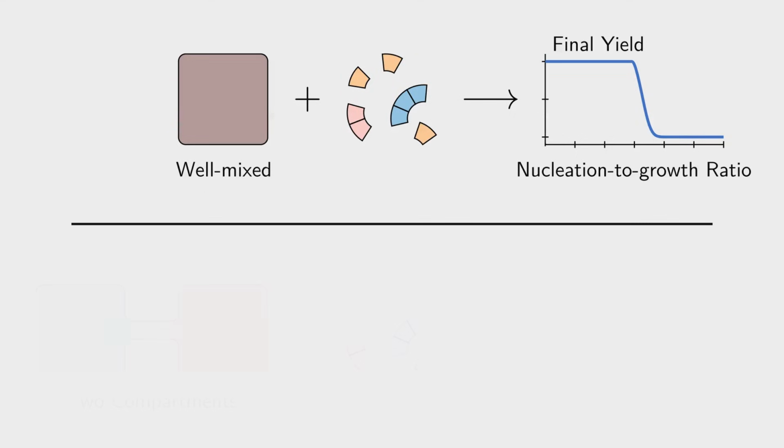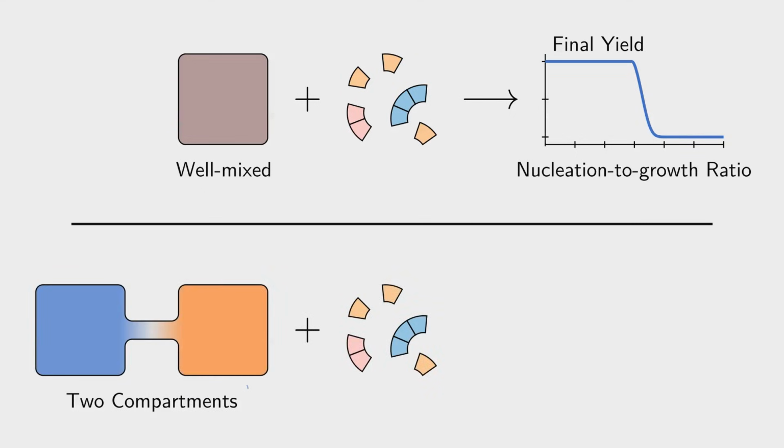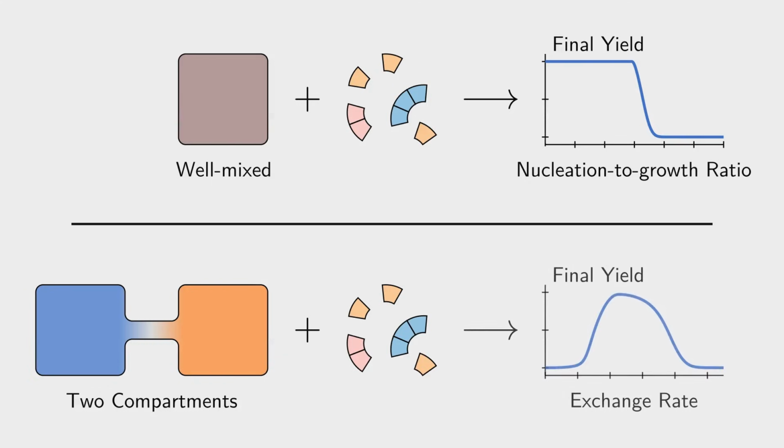However, if we can separate the system into two compartments with different reaction timescales, we can reach high yield by tuning the exchange rate instead. For the right range of exchange rates, the slow compartment acts as a reservoir, providing building blocks during assembly. We effectively traded controlling individual reaction rates with controlling the geometry of our system, which is often much more accessible.